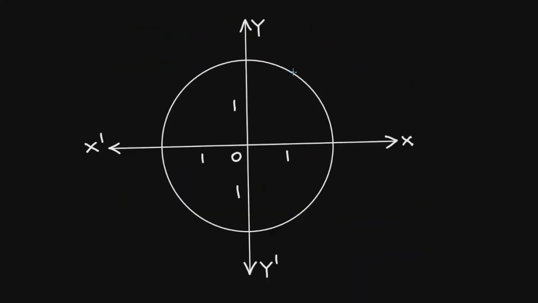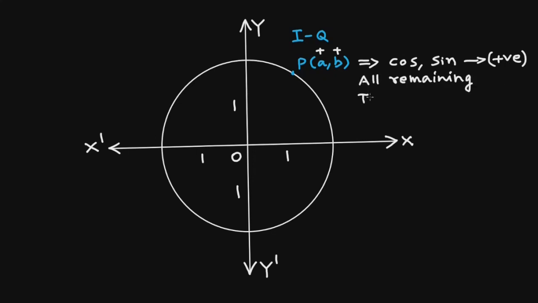Consider a point P (a, b) on this unit circle. In the first quadrant, a will be positive and b will be positive, which implies both cos and sine functions will be positive. And since both are positive, all remaining trigonometric functions will also be positive.